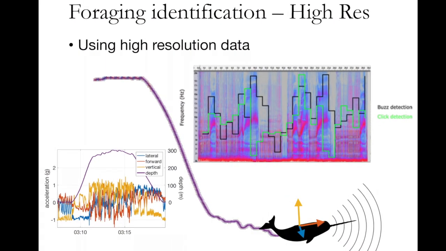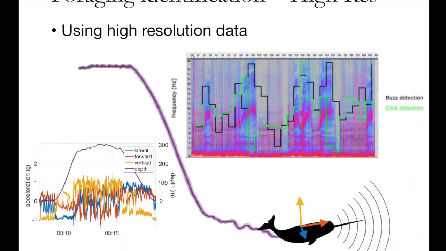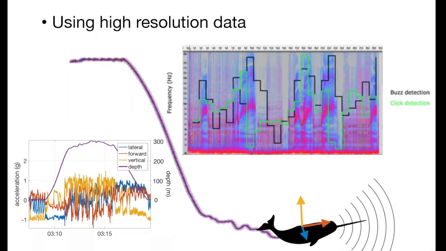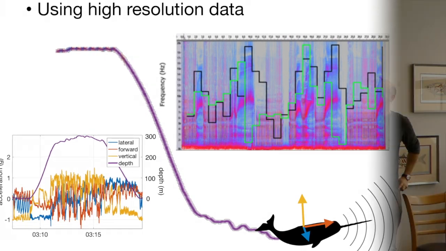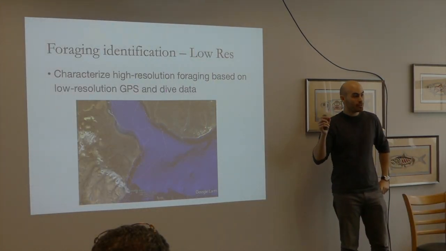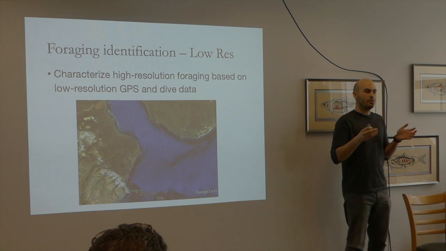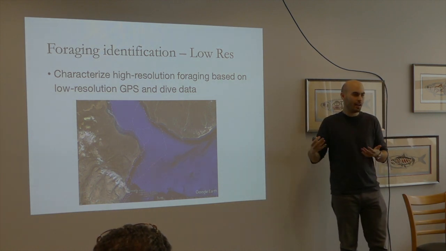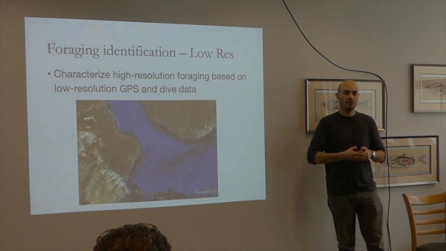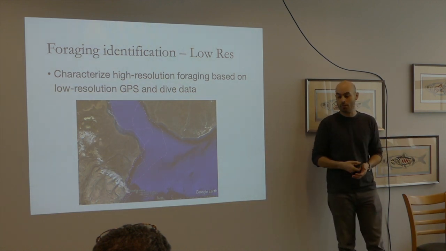The issue with the high-resolution data is that it's very energetically demanding on the biotags, so they have a very short temporal range. So the second step is to link the foraging identified by the high-resolution data to low-resolution data like the GPS and low-resolution dive data. This would drastically increase the temporal range in which we could study foraging.